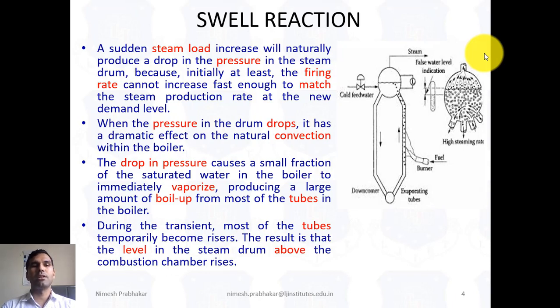The result is that the level in the steam drum rises above the combustion chamber riser. That means we suddenly increase the steam flow rate, due to that the pressure is reduced, and a large number of bubbles are produced over the water level. Due to that bubble level, the level indicator indicates a false level.